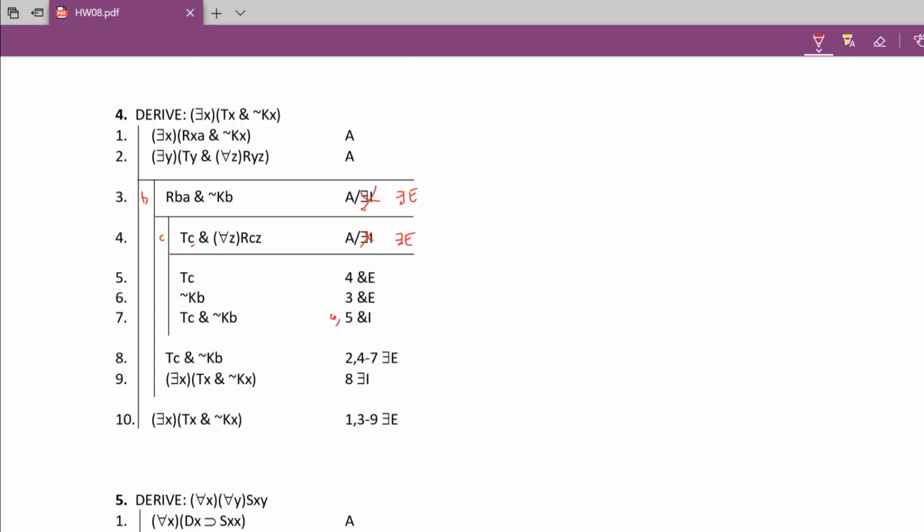Line 8 makes a mistake. There's a big mistake here. So line C, whether you're using the super proviso or the book's 3 individual provisos, line C is not allowed out of this proof by existential elimination. So this application of existential elimination on line 8 has violated one of the provisos, and it certainly violated the super proviso.